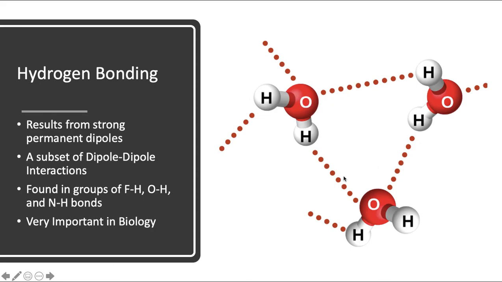These interactions that are represented by dots here are hydrogen bonding forces. And they are the strongest that we're going to talk about. So out of the three that we've discussed so far, they are the strongest.